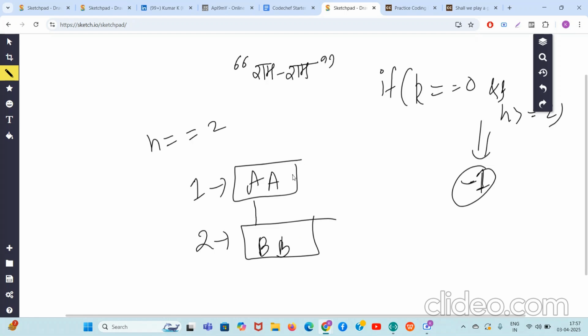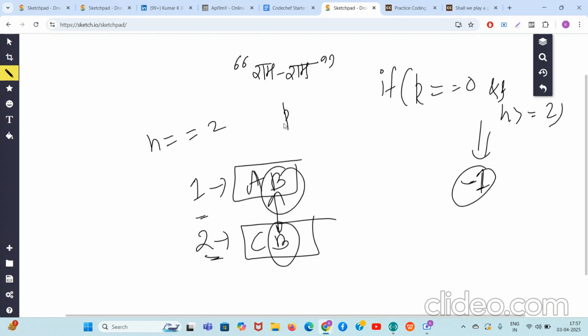So what will you do? You might think, okay, sir, adjacent should not match, so after A, I put here B. And for the second one, I will put here C. And then I will put A or I will put B. But then also you are trapped. One character gets matching in both of them.